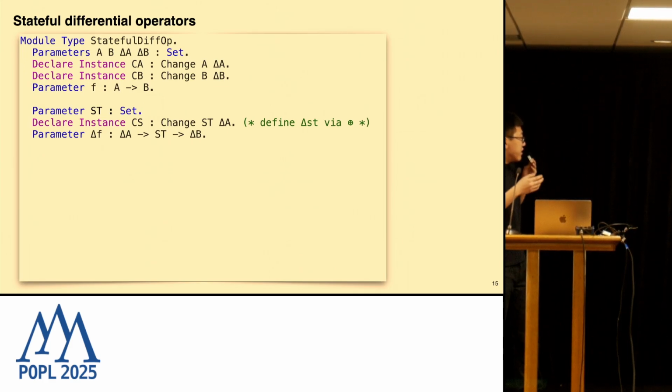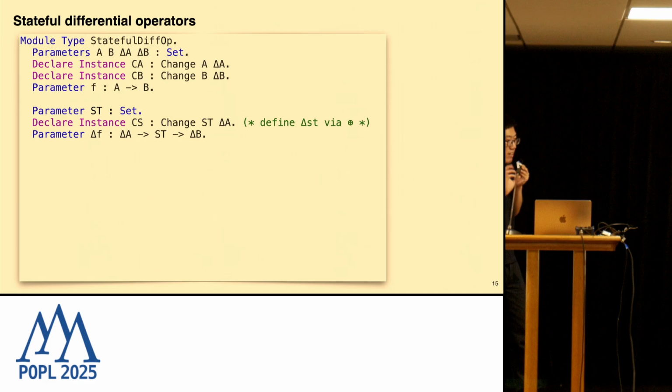What is really cute about this formalization is that we can also add a change structure on the state to simulate the state update functions, because every time we apply this operator, the state has to be updated, and the state update function actually has the same type as the patch function.